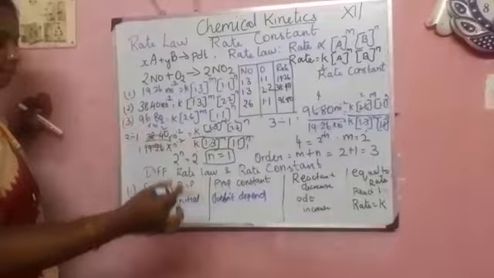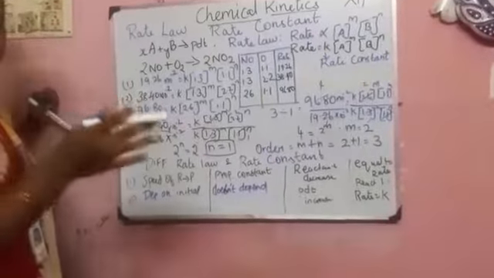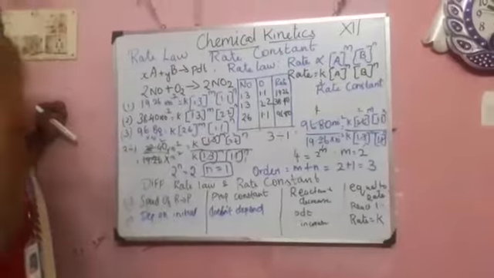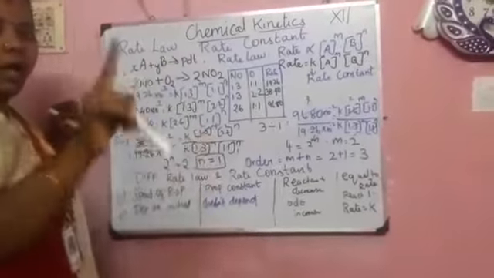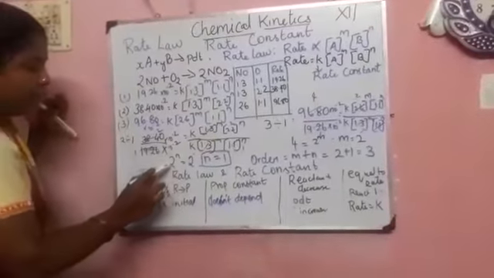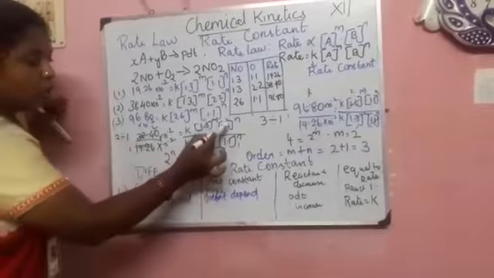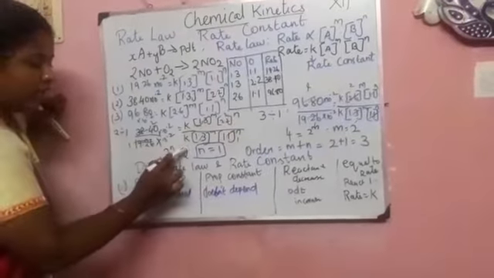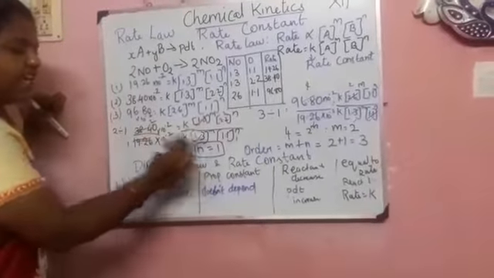K gets cancelled, 1.3 and 1.3 get cancelled, so the M value does not matter since it is the same. Next, 1.1 and 2.2 is a ratio of 1 to 2, so we have 2 to the power N. Here it is 2, so 2 equals 2 to the power N. If 2 to the power N equals 2, then N should be 1. So the value of N is 1.